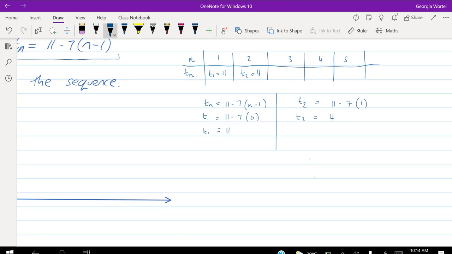We repeat this process. Now, I'm not going to show the working out for all of them because I'm sure you all fairly well understand that at this point. I'm just going to pop them in the table. So chucking it in the calculator, 11 minus 7 times 2. Negative 3 would be the next one.